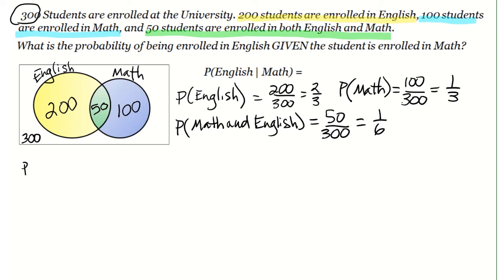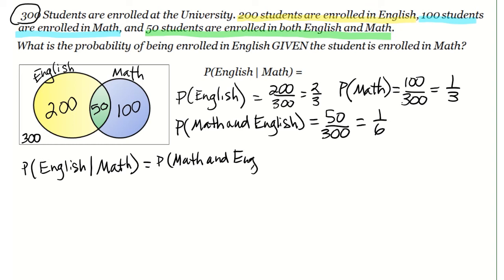So if I'm looking at the formula of being enrolled in English, given that I'm already enrolled in math, that is going to be the probability of being enrolled in math and English, divided by the probability of being enrolled in math.